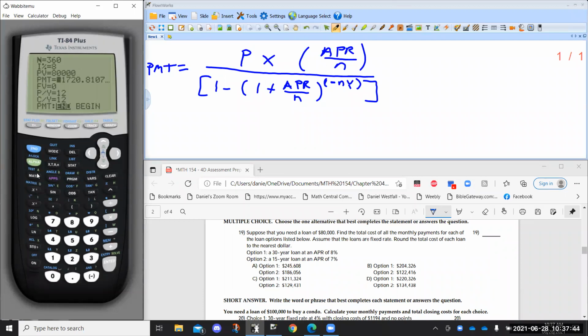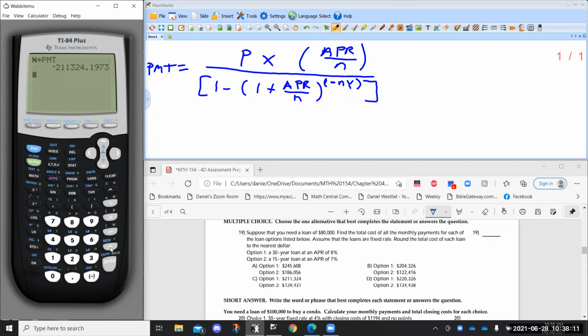That means that the payment for that should be $587.01. I calculate that out here. That means that the value of that loan should be $211,324.20.